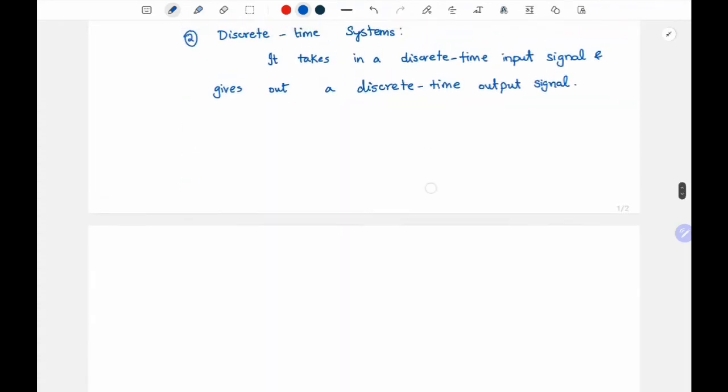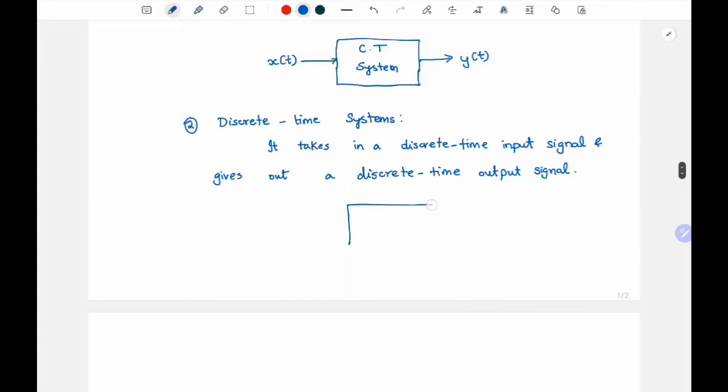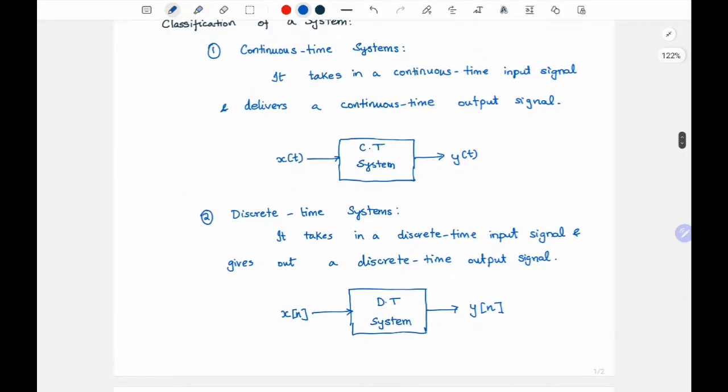So how do we write this in the block diagram? We have the discrete time system and a discrete time input signal. It is represented by x of n. We already discussed it. And the output is again a discrete time signal. Again, as we already discussed, this output signal is nothing but a function of an input signal, right?